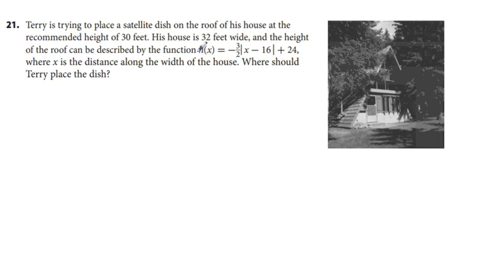So what we're going to do is take h of x and let it equal the recommended height of 30 feet. So h of x is equal to 30 feet. So let's write the equation out here. 30 is equal to negative 3 halves, absolute value of quantity x minus 16, plus 24.